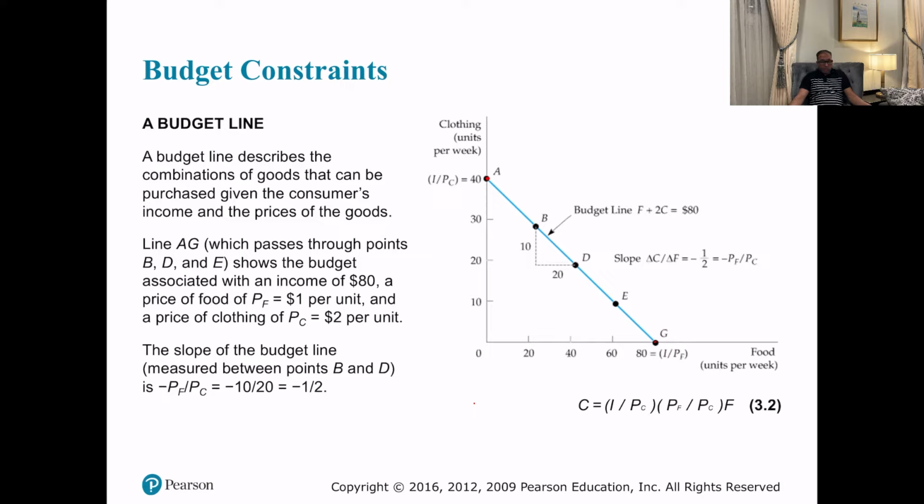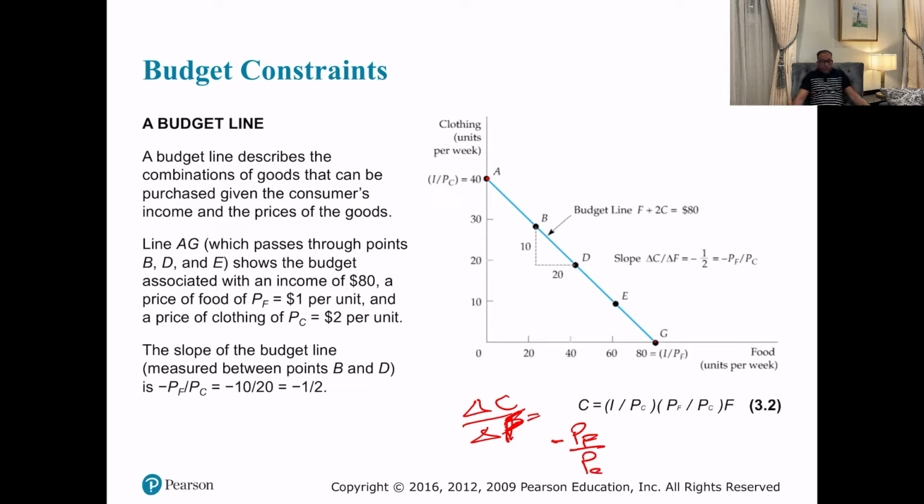So if you want to find the slope of this line, delta C over delta F is going to be the slope. Delta C and delta F change with the prices. So we can say that the slope of this line is minus PF over PC.